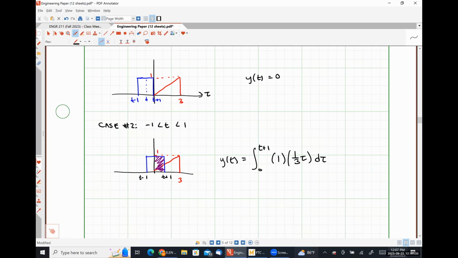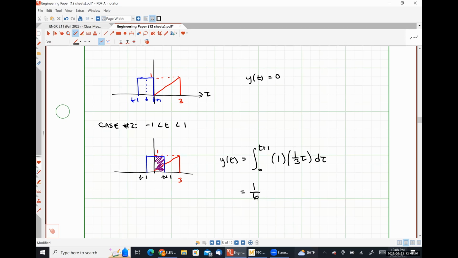So how do I do this integration? What's the integral of t? T squared over 2, right? So the integral of tau would be tau squared over 2. So 1/3 times 1/2, I feel pretty strongly, is 1/6.